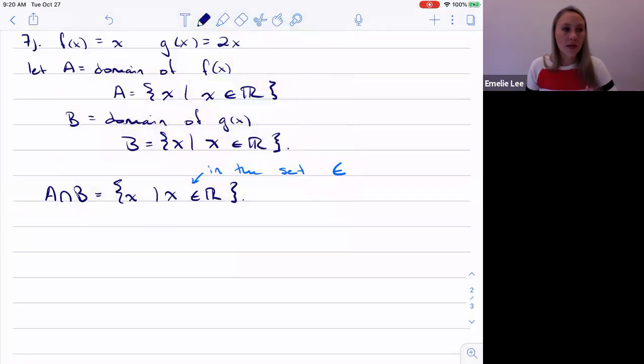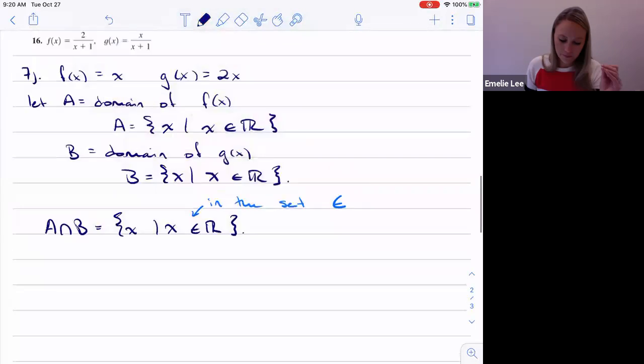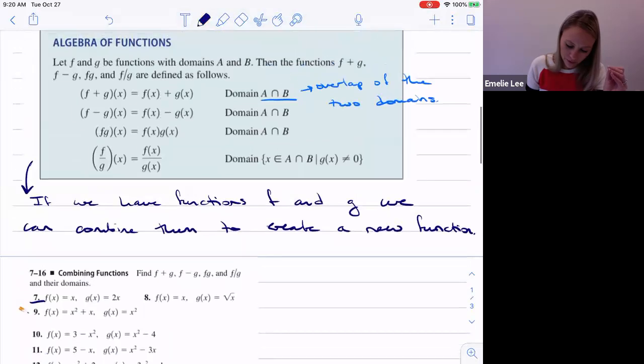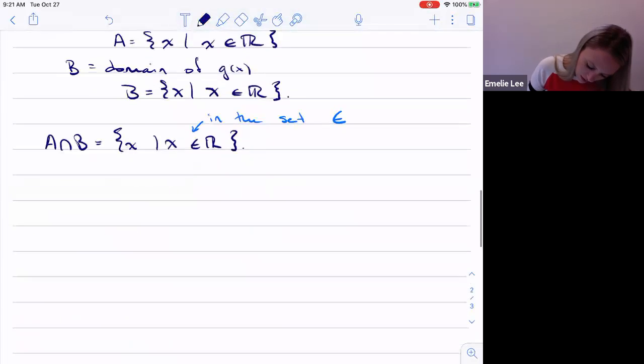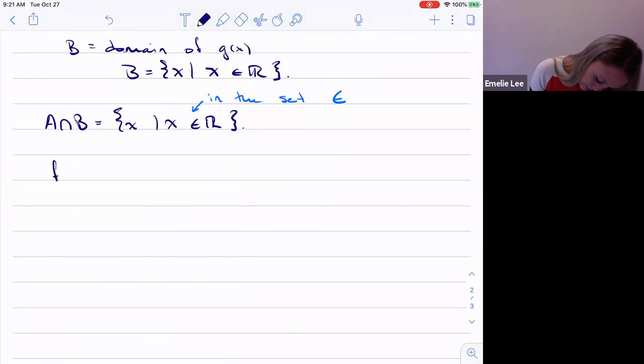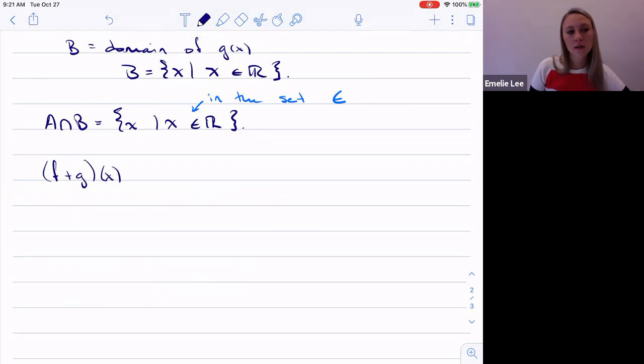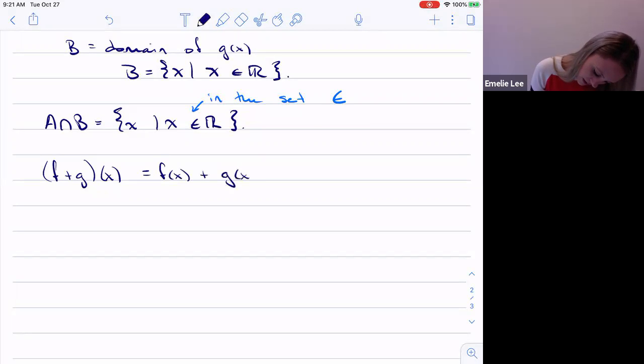So this is the domain for the first 3 that we're going to find. Let's go ahead and find f plus g of x, f minus g of x, and f times g of x. F plus g of x, I don't love this notation, so luckily for me, this translates to f of x plus g of x.